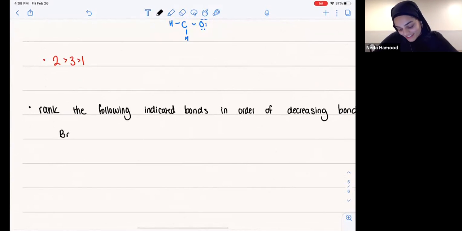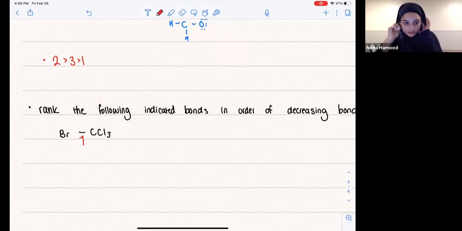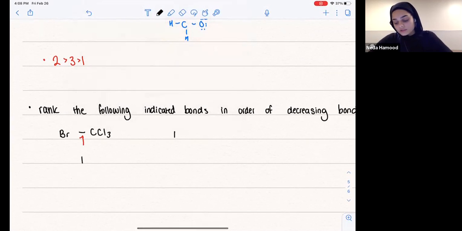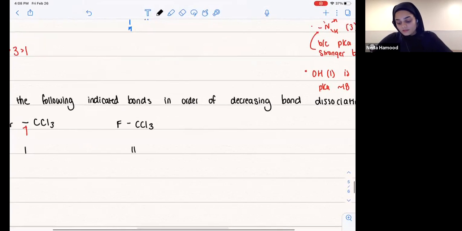So the first thing, CCl3, this is the bond we're looking at, and this is going to be number 1, number 2. And again, we're looking at that same bond over there.